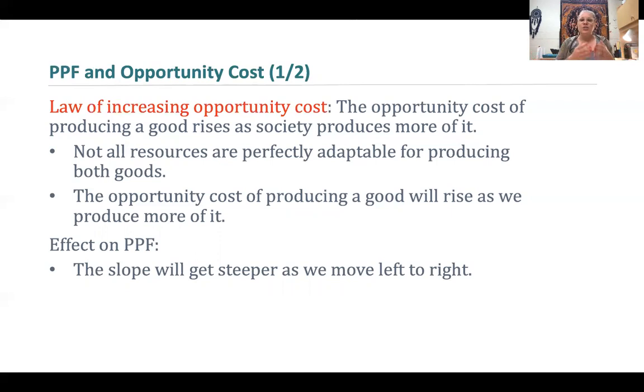And so as we shift our resources away from one good towards the other, we're necessarily going to be taking higher and higher value resources, resulting in having to give up more and more of that good in order to shift our production to another means. The effect is that the slope is going to get steeper on the PPF as we move left to right.